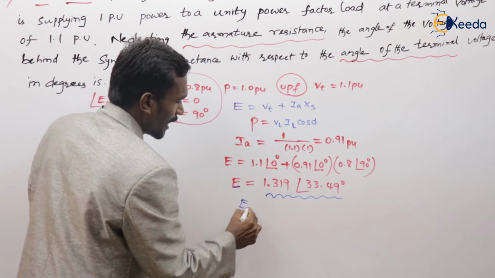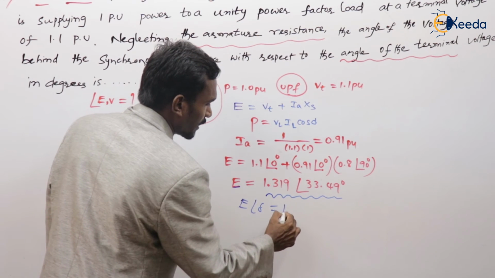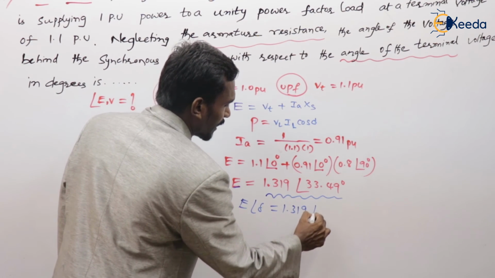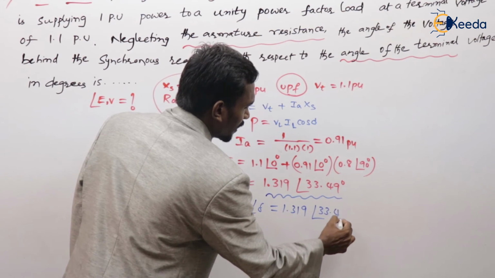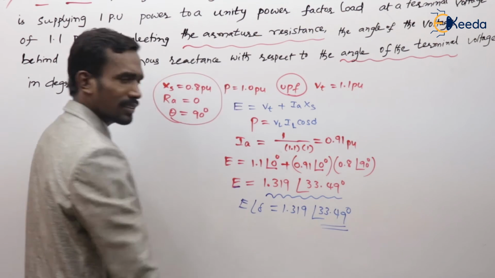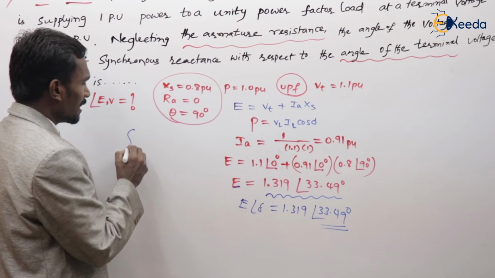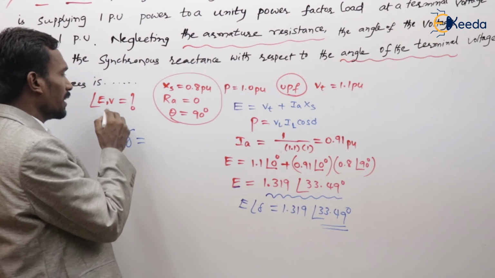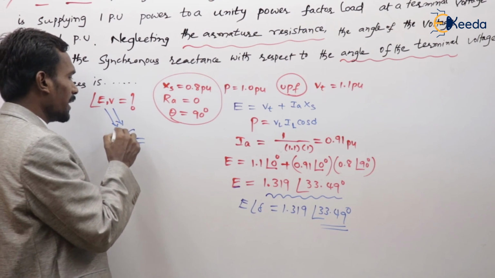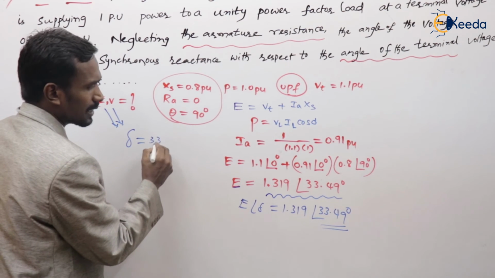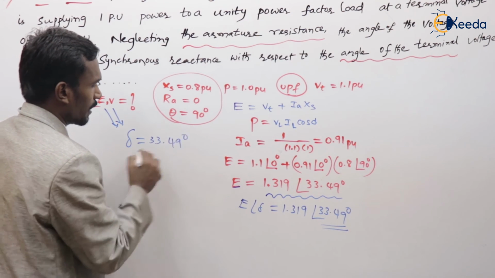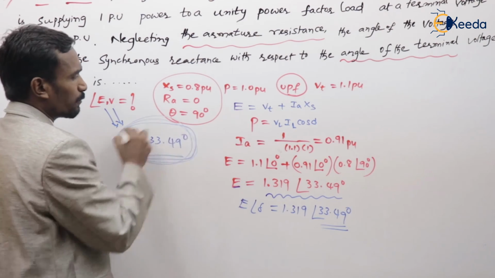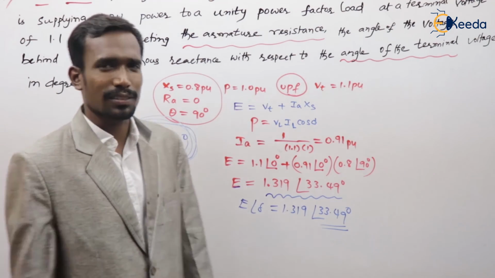E at an angle delta is equal to 1.319 at an angle 33.49 degrees. So delta, the load angle between E and V, is equal to 33.49 degrees. This is our answer.